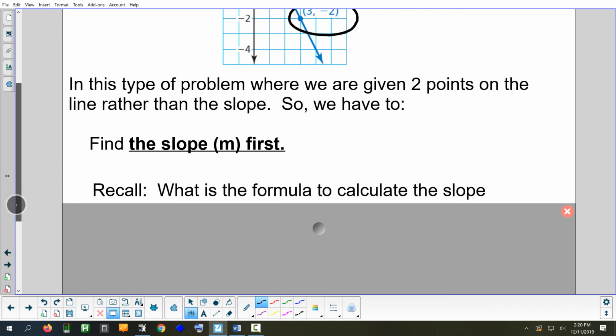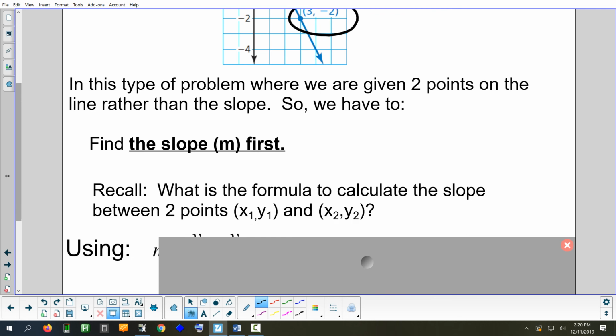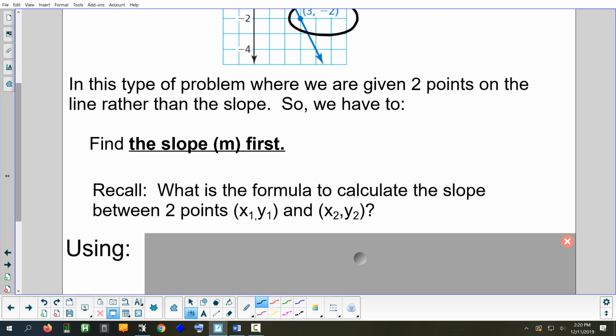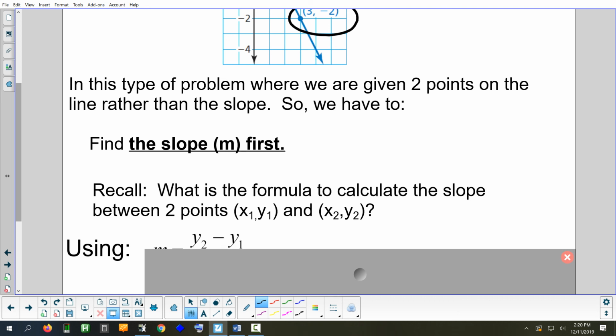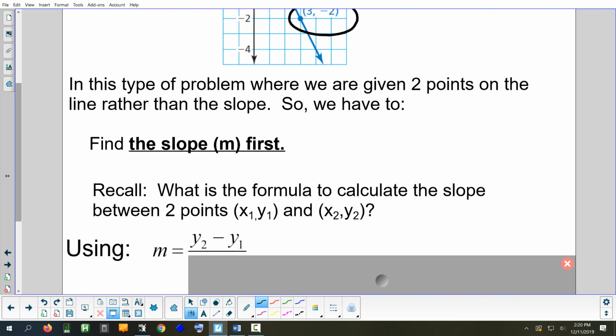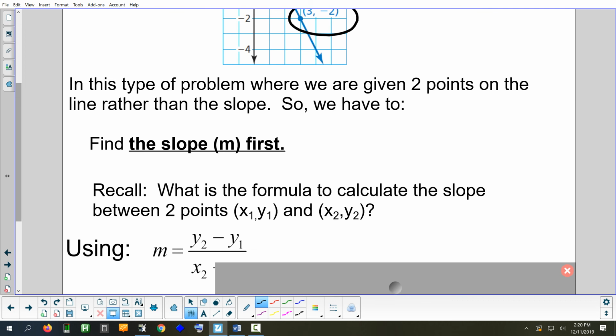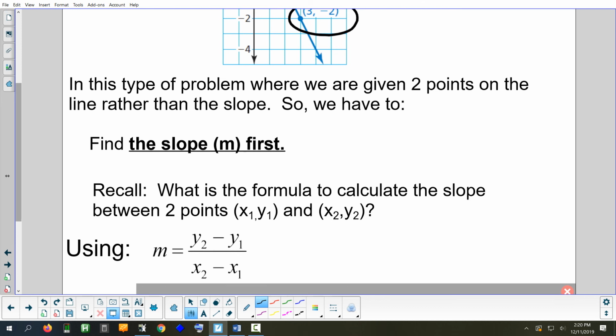Now, what's the formula that we can use to find the slope? Anybody remember? Yep, perfect.